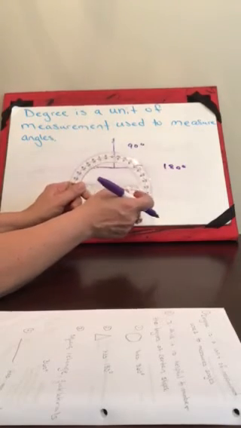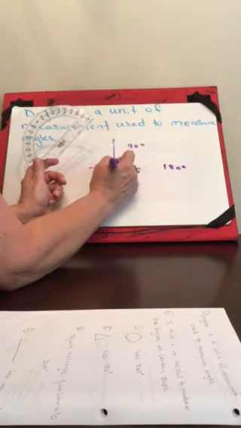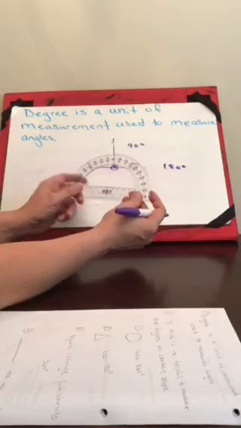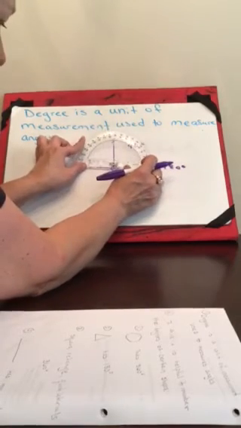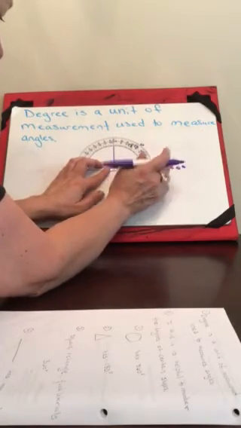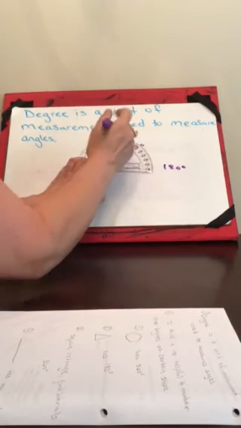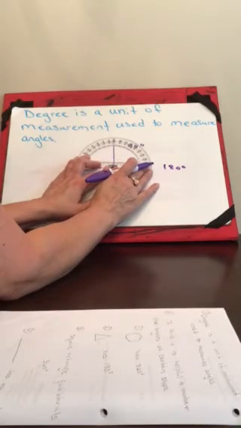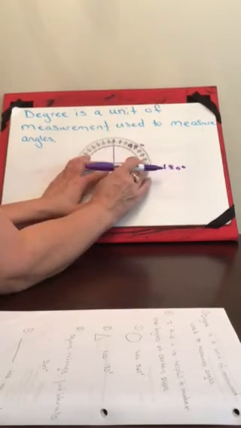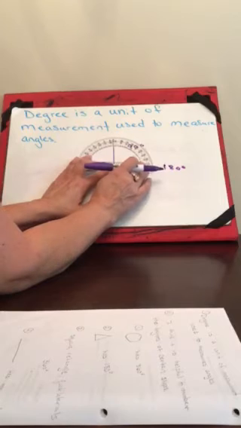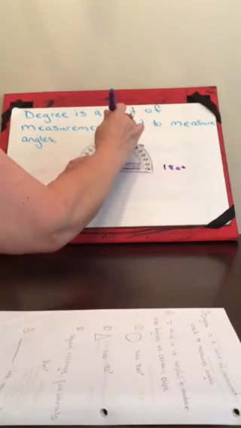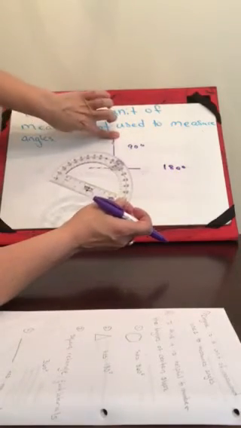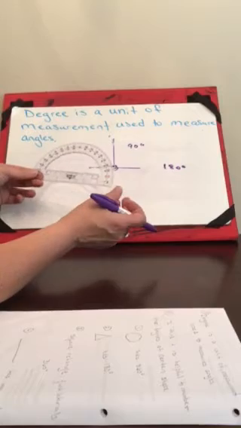And I'm going to put it where my vertex is, and the vertex is the corner, fancy word for corner. So I'm going to put that hole in the middle of my vertex, and I can measure, okay? And I'm going to cheat a little bit because I know it's not perfectly straight. I drew it a little bit larger than 90, like 94 degrees, okay? So that's how I would measure that.